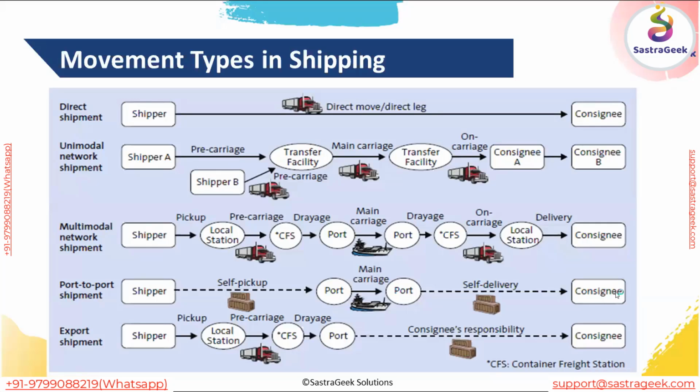It's just an example from my previous experience. It doesn't have to be this way every time, but this diagram represents what a standard port to port movement represents. Is it clear?